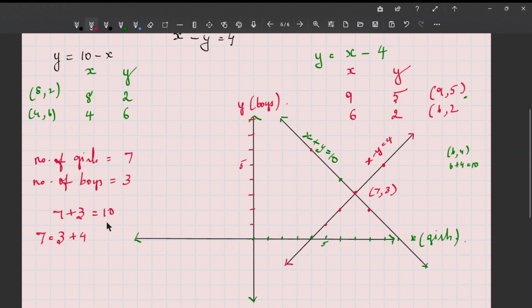So both the conditions are satisfied, and we have arrived at a very unique solution using the graph, isn't it? So I hope you understood, and thank you.